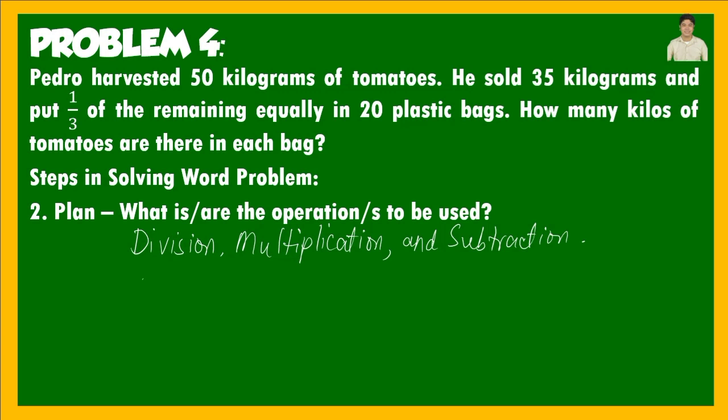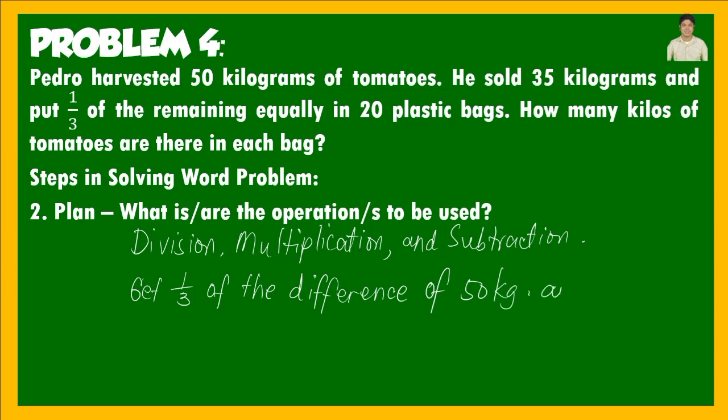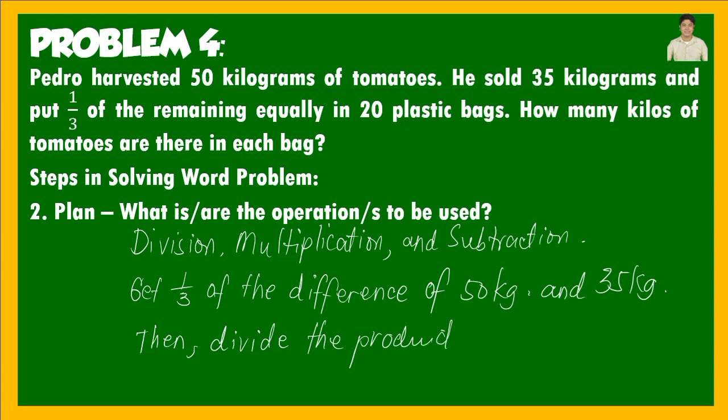Ang plan natin dito is get 1/3 of the difference of 50 kilograms and 35 kilograms. Then, divide the product by 20.